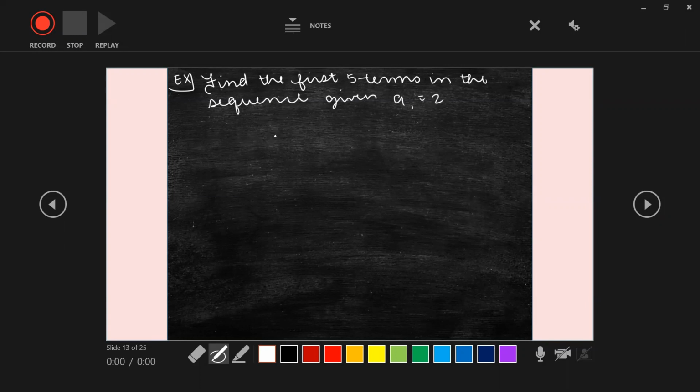And you have the sequence a sub n is equal to 3 a sub n minus 1 plus 5.